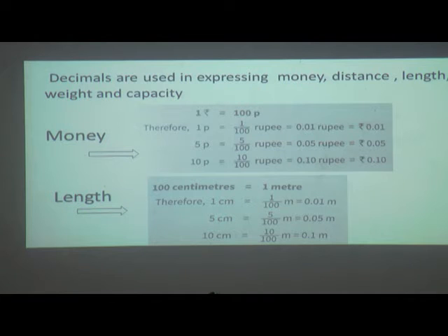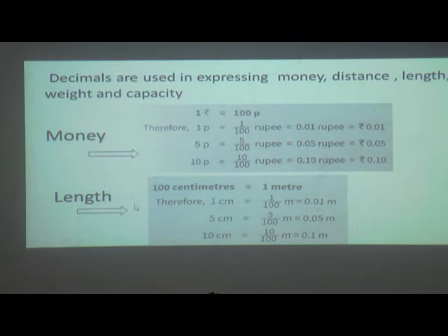So it is 0.10 rupees. So we have seen money and the conversion, whether from rupees to paise or paise to rupees. If you want to convert paise to rupees, you have to divide by 100.